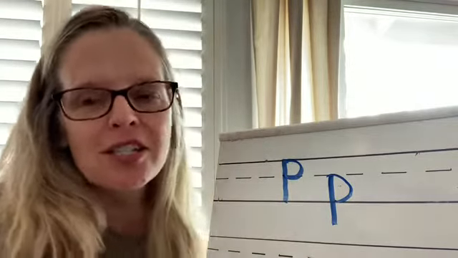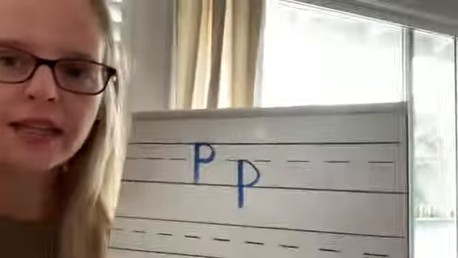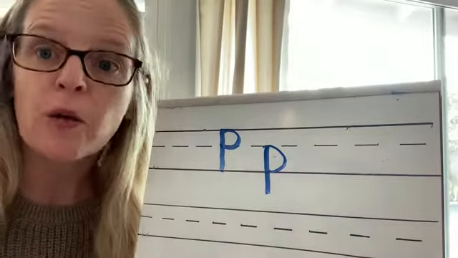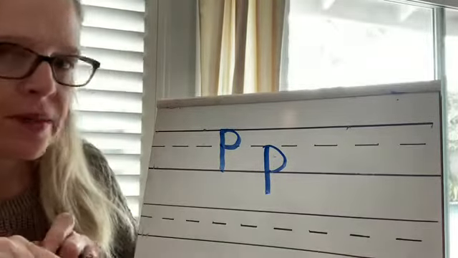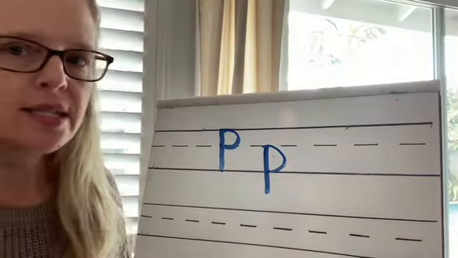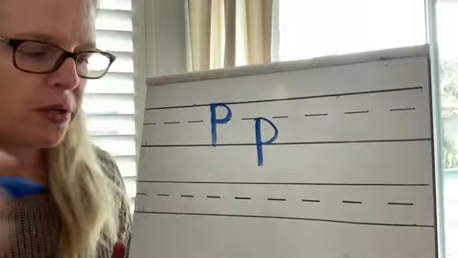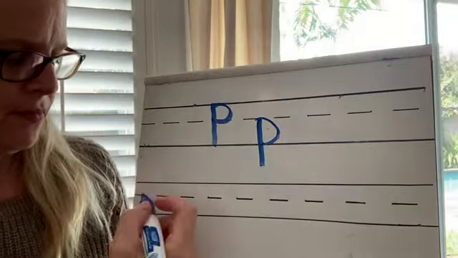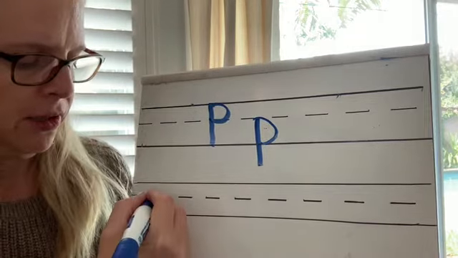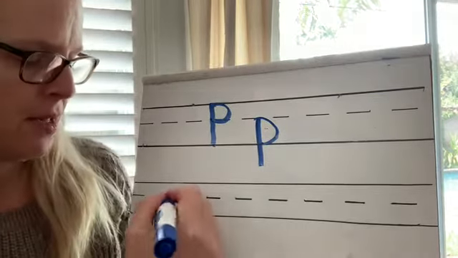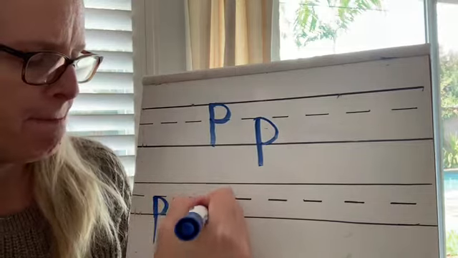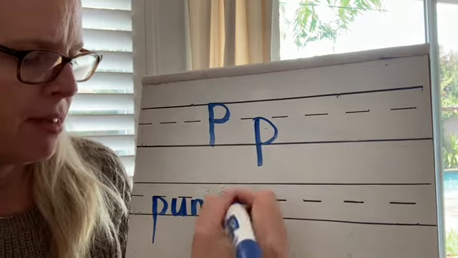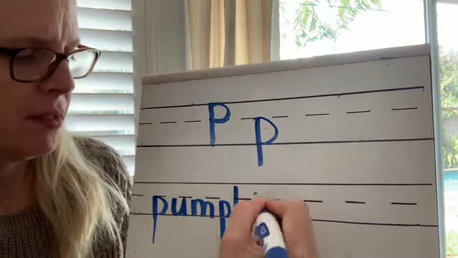Okay, so I'm going to show you some words that have capital and lowercase letter P's in them. Take a look here. So we'll start with pumpkin. Lowercase p, pumpkin. See that?